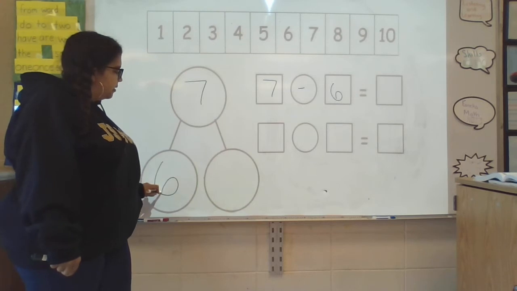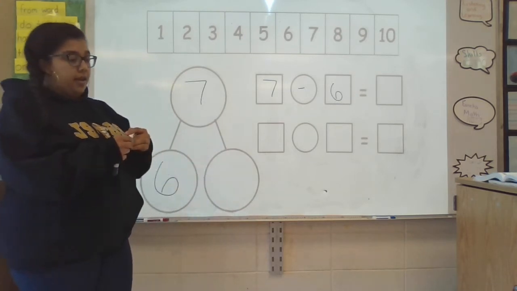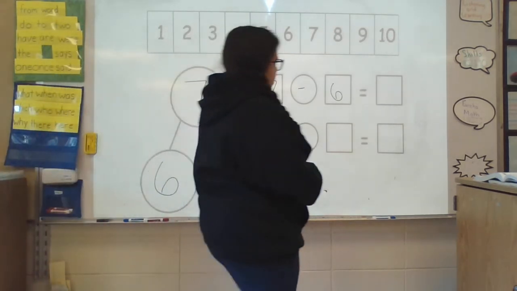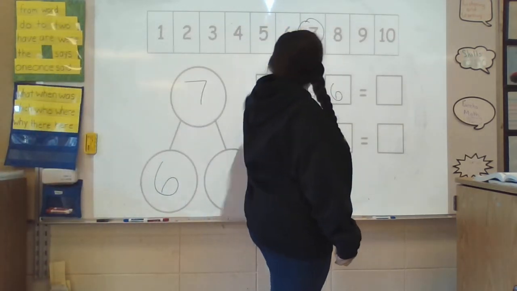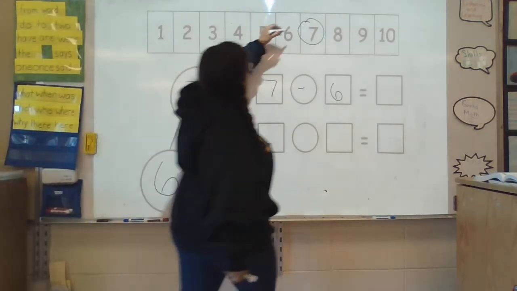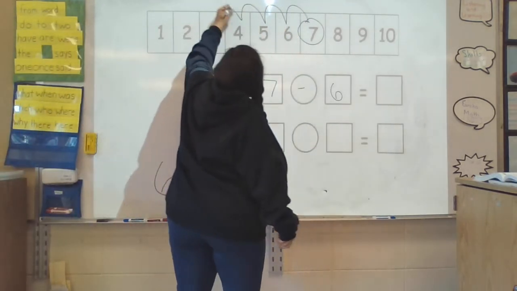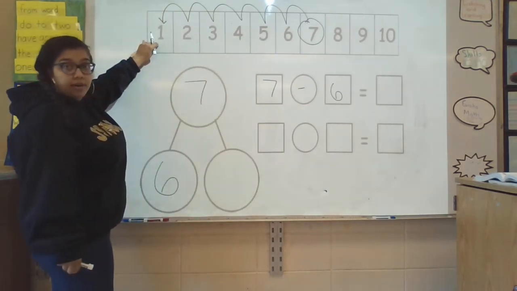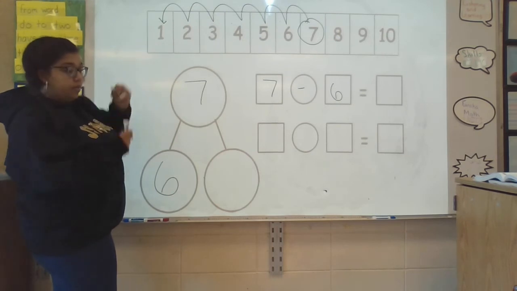A part is 6. I don't know this part yet. Let's try counting back first, okay? Starting at 7, we're going to count back how many hops? 6, okay? 1, 2, 3, 4, 5, 6 hops. Count it back. We land on 1. That's the correct answer. Good.